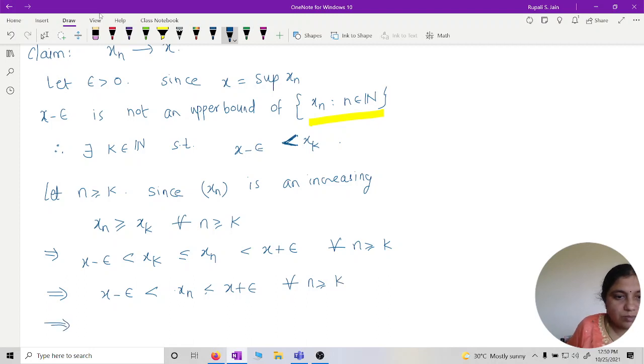This implies mod of xn minus x is less than epsilon for all n greater than or equal to k, right?